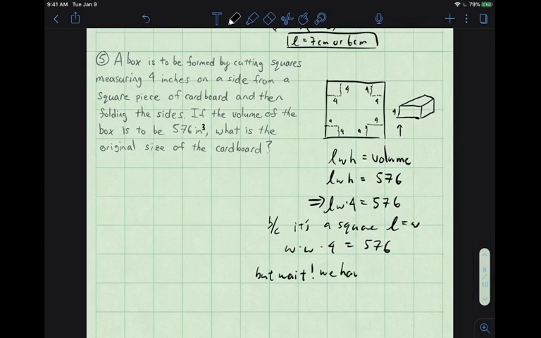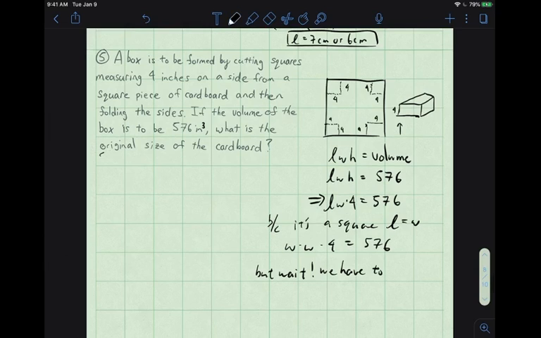We have to account, because right now this is like everything chopped up. We're interested in the original square.